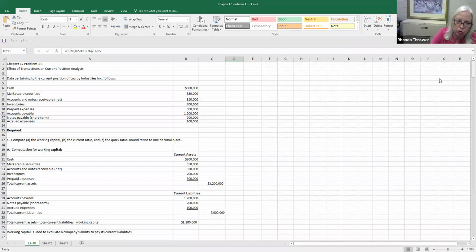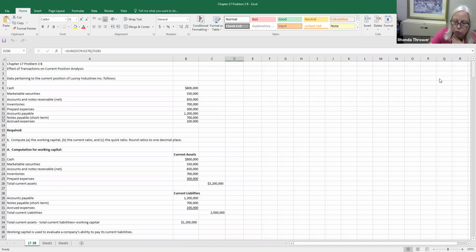And all you're doing is analyzing what happens to your current assets and your current liabilities, or in this case, your quick assets and your current liabilities, to see what the changes are going to be for this particular company. And so in D, they paid off their notes payable of $125,000.